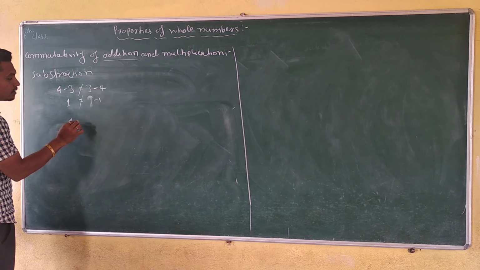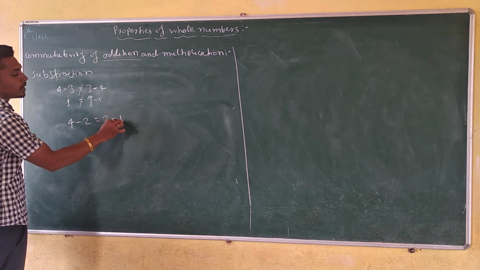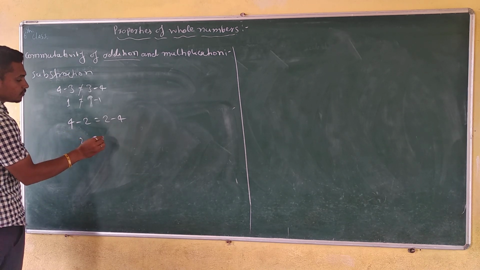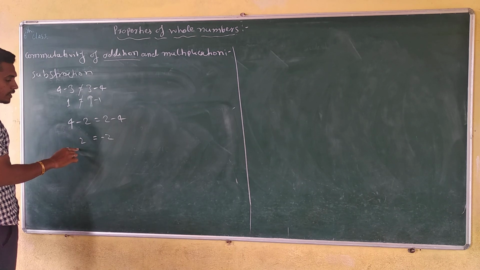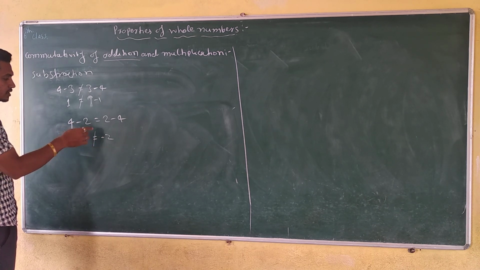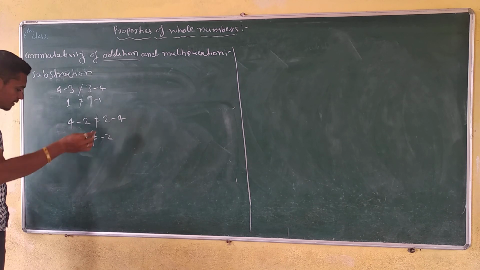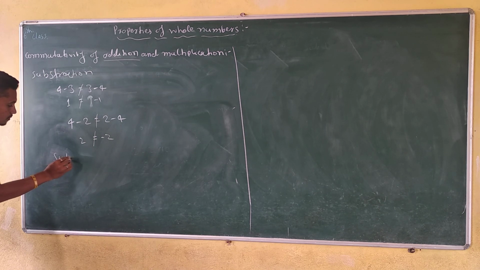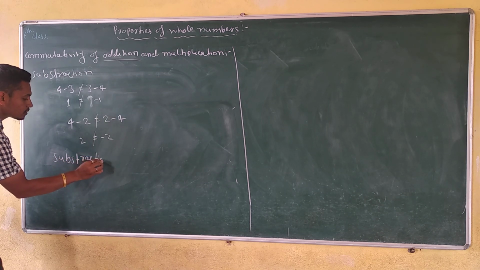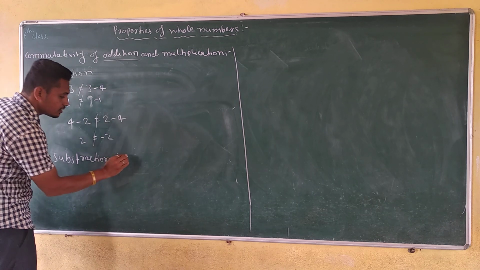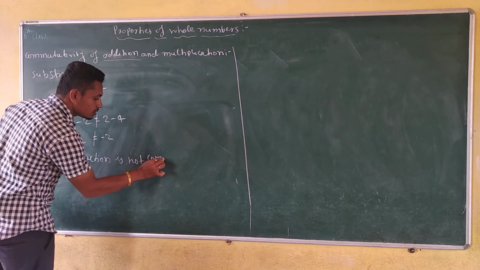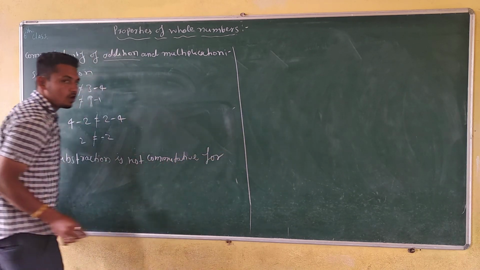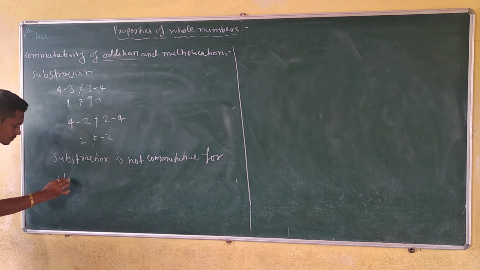Take another example, 4 minus 2 is 2 and 2 minus 4 is minus 2. So 2 is not equal to minus 2, and 4 minus 2 is not equal to 2 minus 4. Therefore subtraction is not commutative for whole numbers.